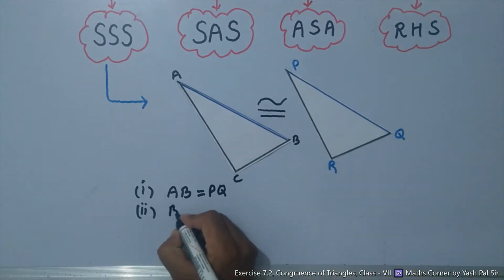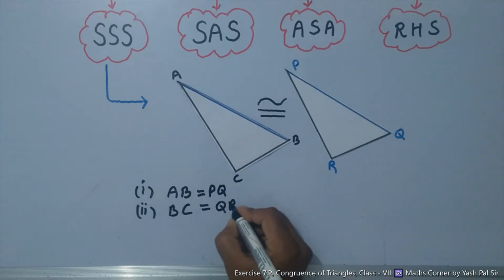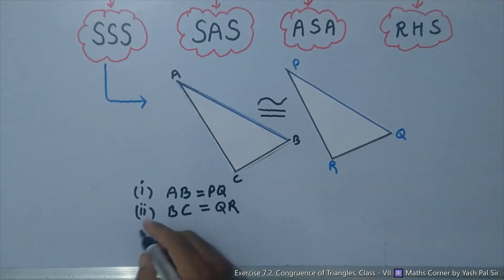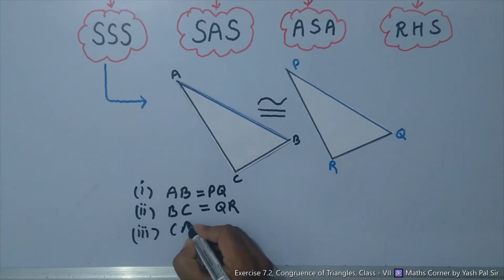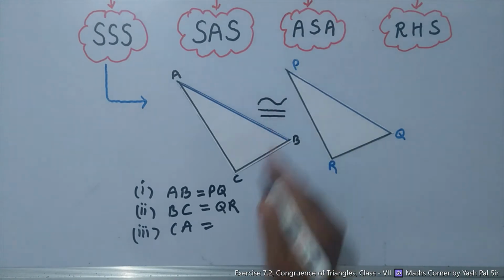So we write BC equal to QR. Third, we have the side CA, and the corresponding side is RP.